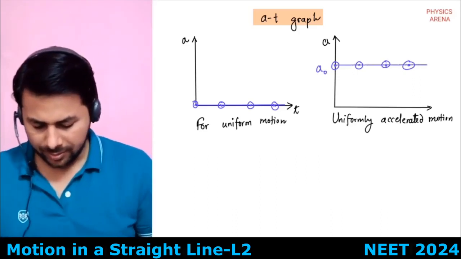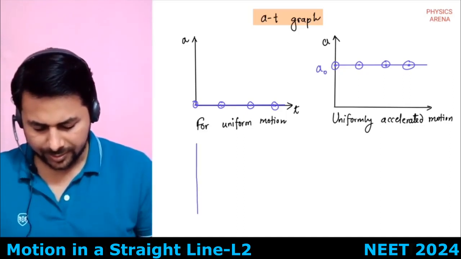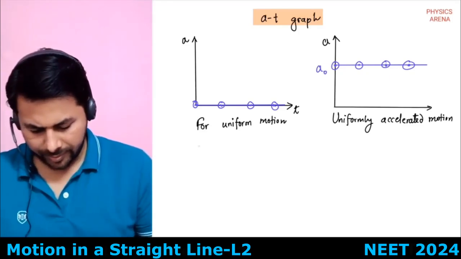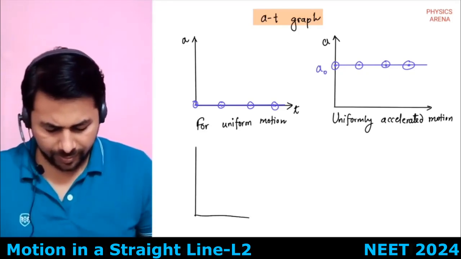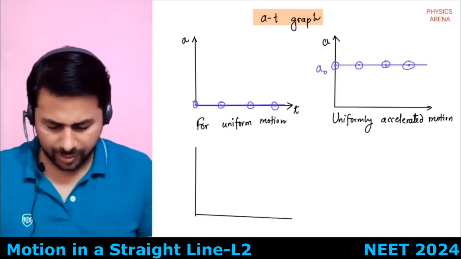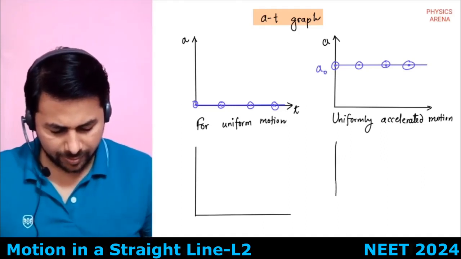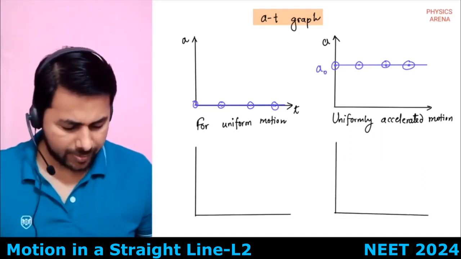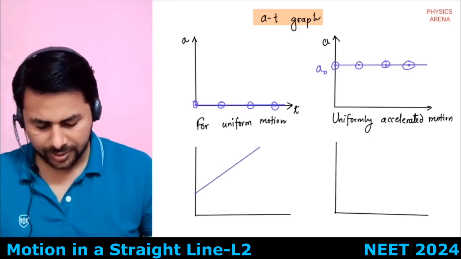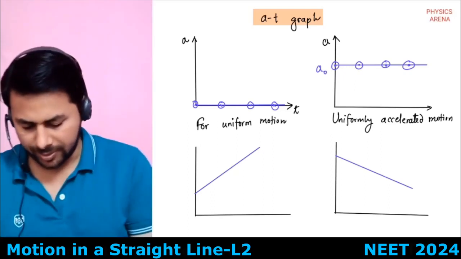Now if I draw graphs like this, this is an acceleration versus time graph, this is also an acceleration versus time graph.